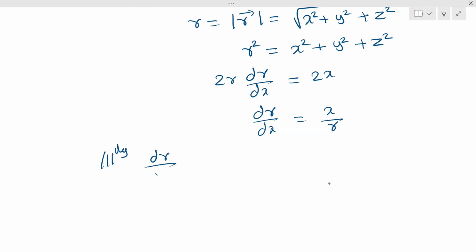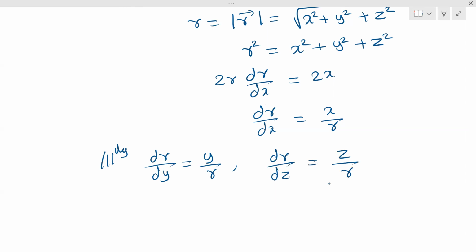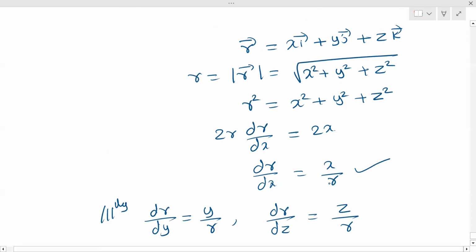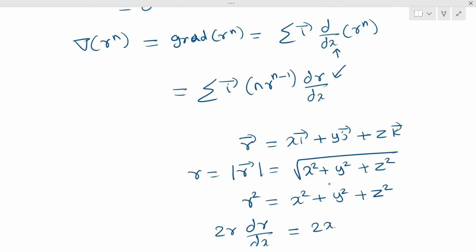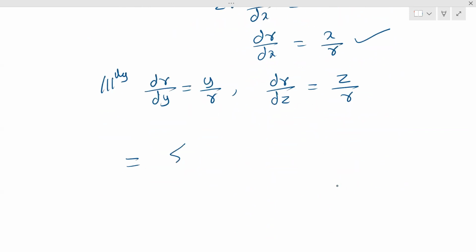Similarly, dou r by dou y is y by r, and dou r by dou z is z by r. So we have to substitute this in our problem. So here what we are having, summation i vector into n into r power n minus 1 into x upon r.